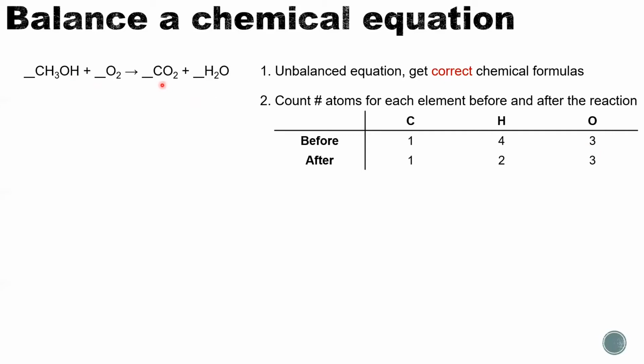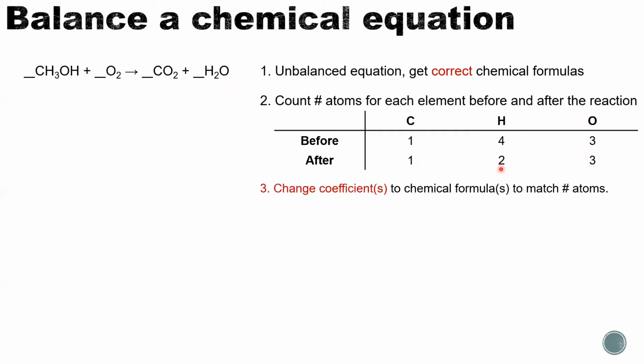After the reaction, we have 1 carbon, 2 hydrogens, and 3 oxygens from 2 places. In this chart, you can see the type and number of atoms before and after reaction. Carbon has the same number before and after reaction, so does oxygen, but hydrogen has different numbers.